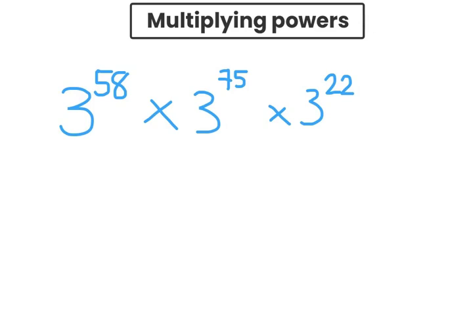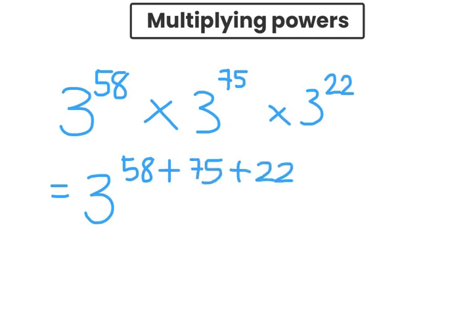So in total, I'm multiplying 58 plus 75 plus 22 3's together, and that adds up to 155 3's that are multiplying together. So the result of this product is 3 to the power of 155.